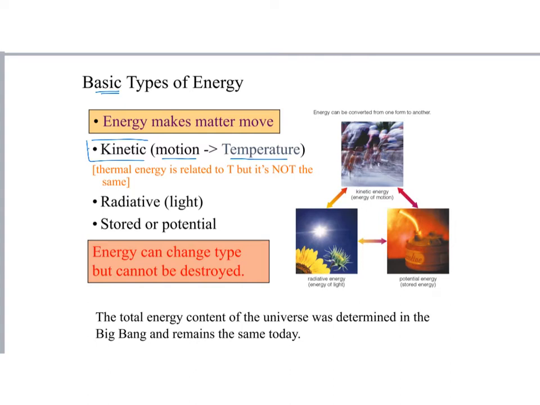There is also the radiative type of energy, usually related to light, and we're going to have the whole of chapter 5 to discuss the nature of light, how light interacts with matter, and the properties of light. So that's not going to be the subject of discussion here.